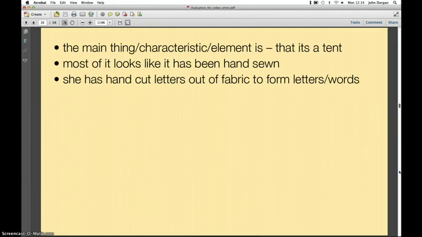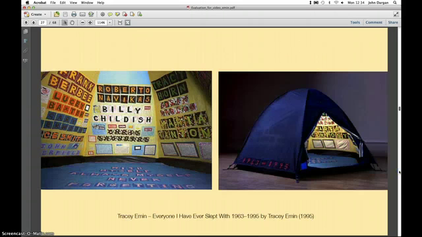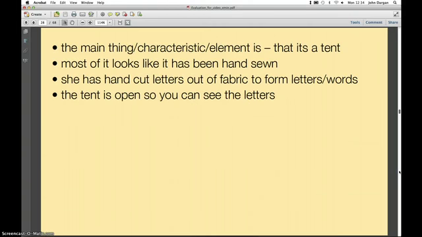And there are hand cut letters made out of fabric to form letters and words, hand cut shapes. The tent is open, so you can see the letters. I think that's significant. If it was closed, it would be a different kind of piece or artwork.